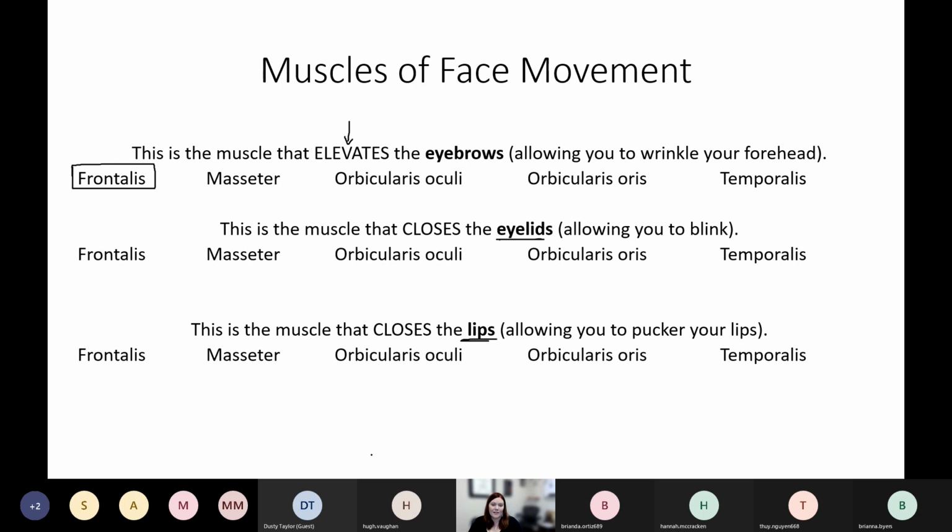Orbicularis oris. Does that close the eyes or the mouth? Exactly. Orbicularis oris is the one that helps to close my mouth or close my lips. It's the circle one around the mouth. Orbicularis oculi is the circle one around the eyes, allowing us to close the eyes.